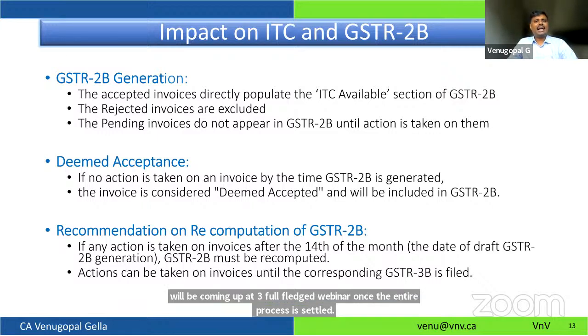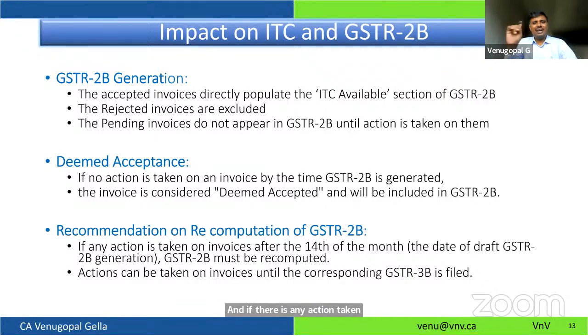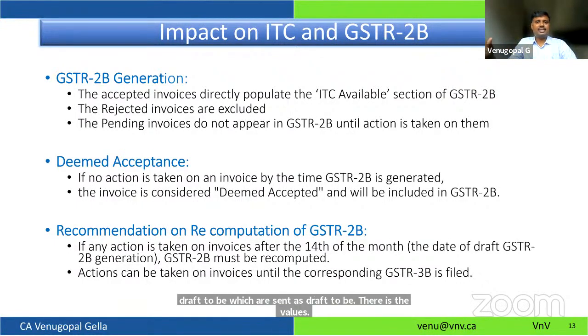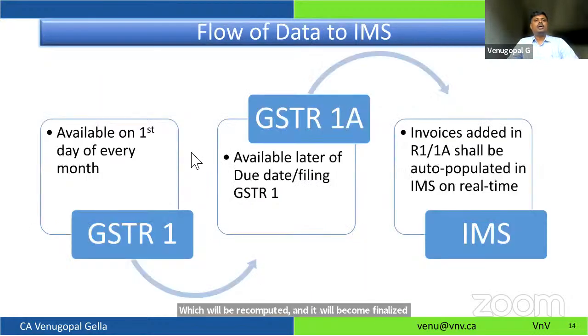And if there is any action taken on the invoice after the 14th, the draft 2B, the values will be recomputed and it will become finalized. So one value is going to 1A, and after 1A, the values are also added to IMS.